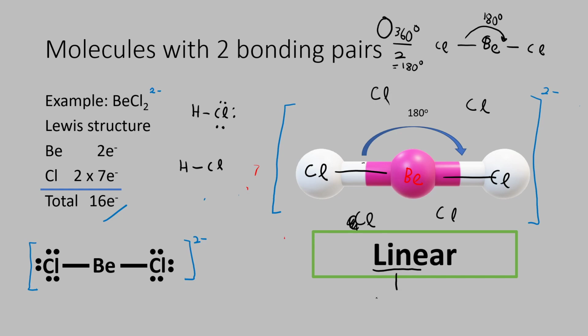Line, maksudnya dia bentuk garisan. Okay, linear means dia adalah dalam satu garisan. Okay, boleh. Sebab bond, tak kisahlah single ke, double ke, triple ke, semua straight. Semua bond dia, semua angle dia is 180 degrees.